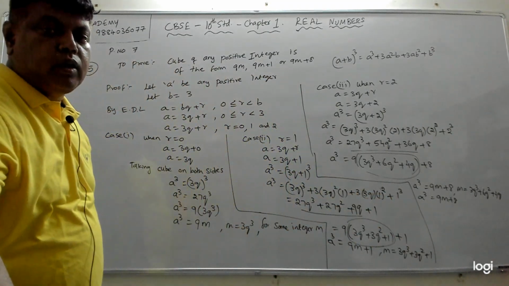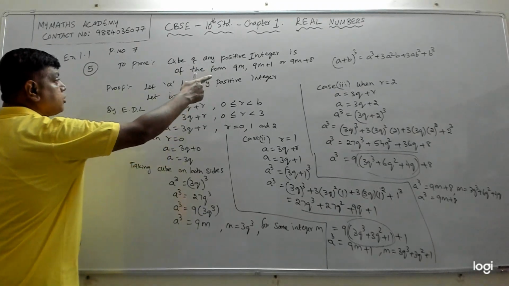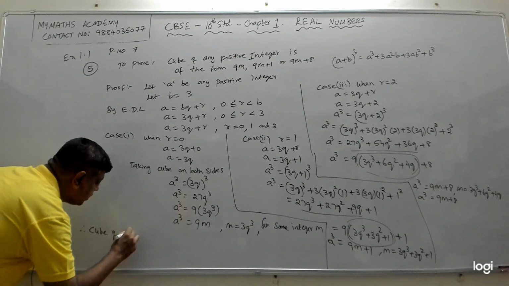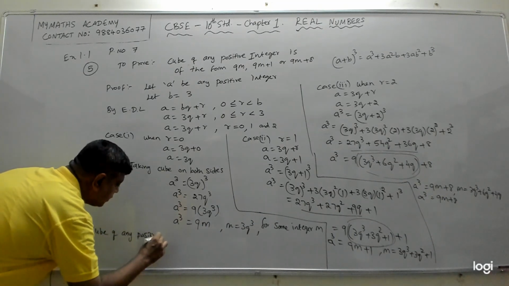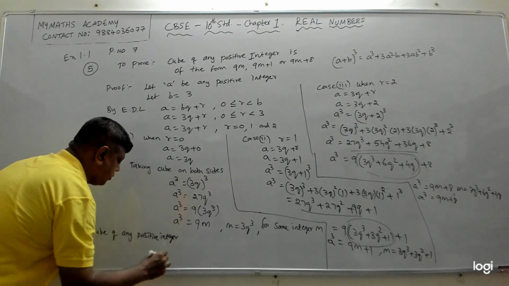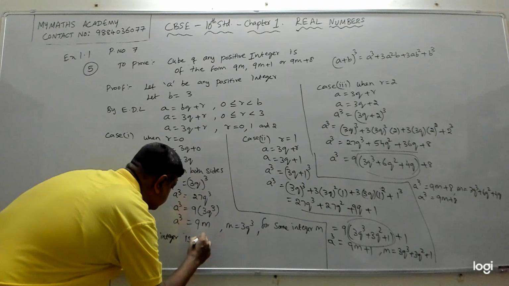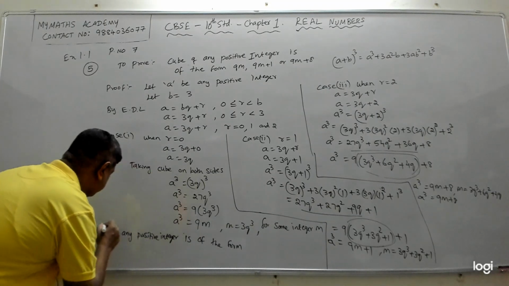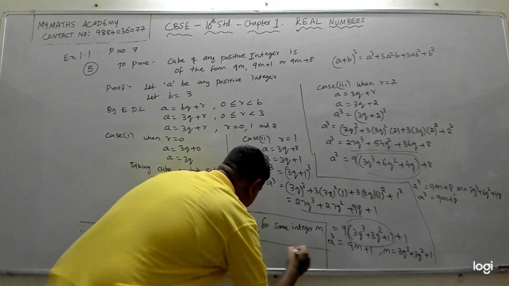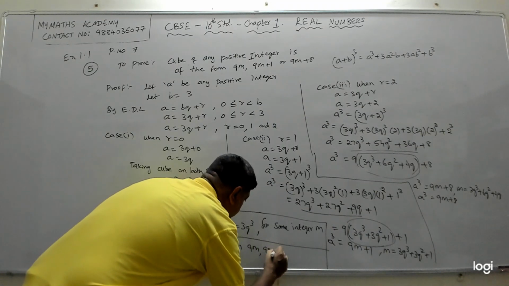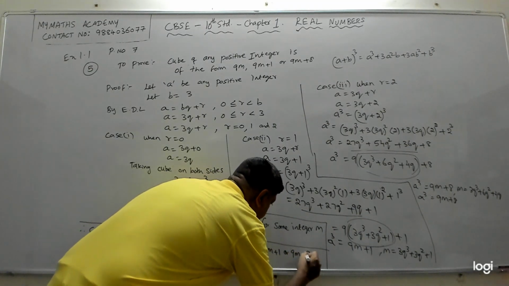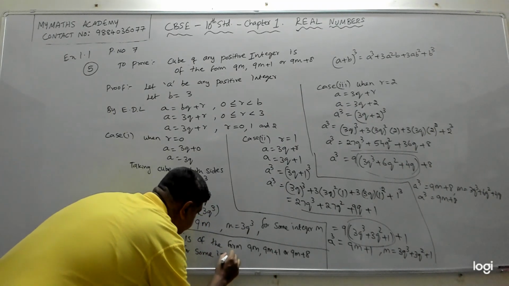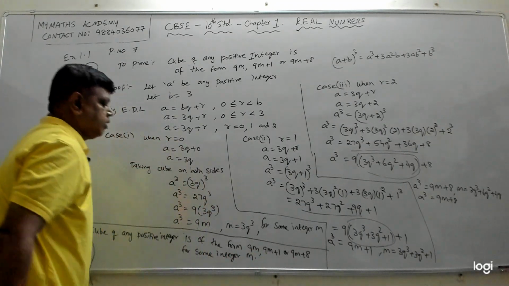So what we have proved? We have proved that the cube of a positive integer is of the form, so therefore we can say, therefore cube of any positive integer is of the form, this is the conclusion, 9m or 9m plus 1 or 9m plus 8 for some integer m, where m is an integer.